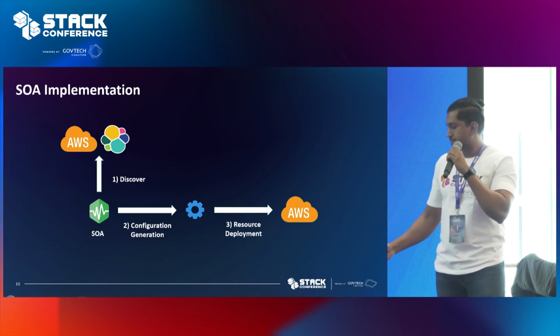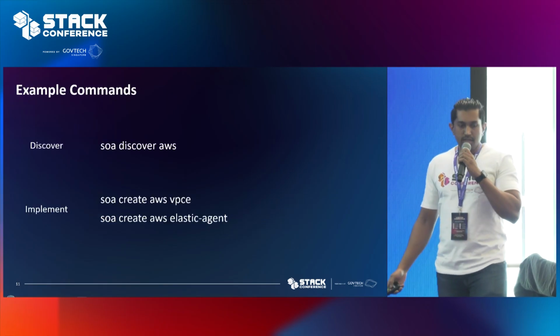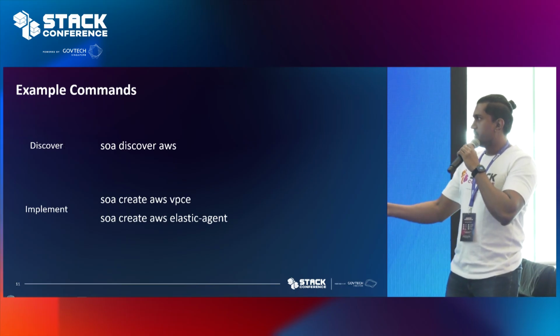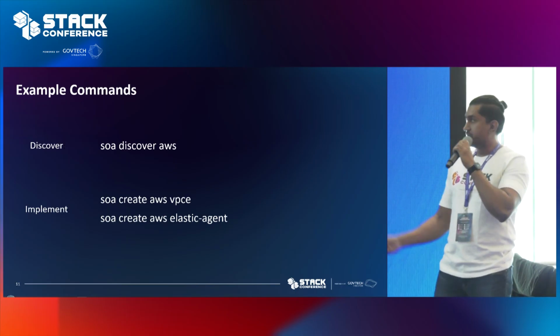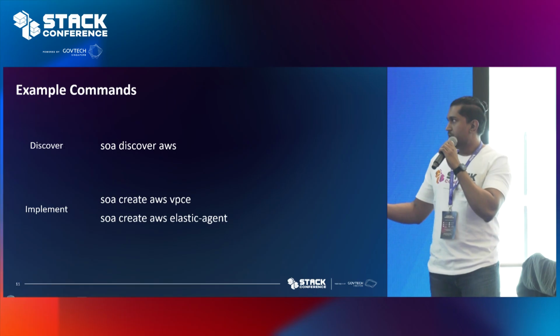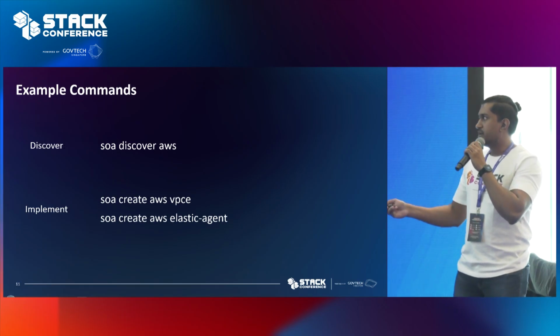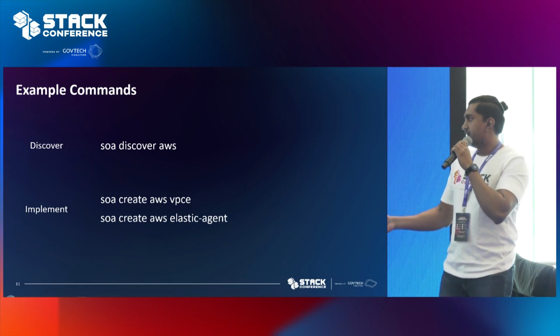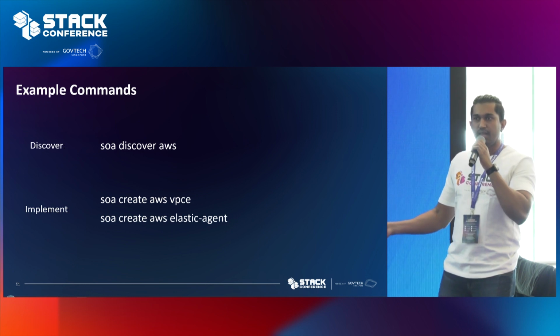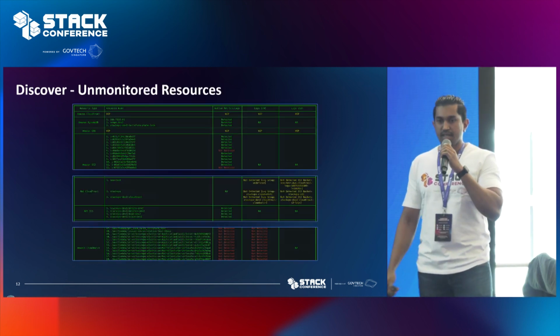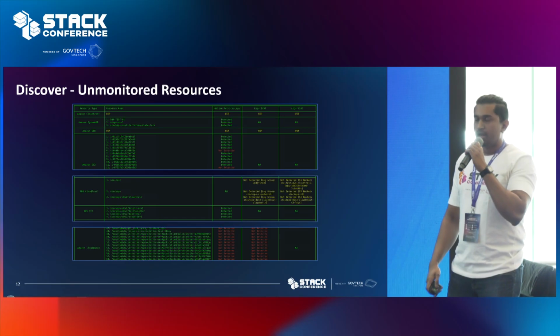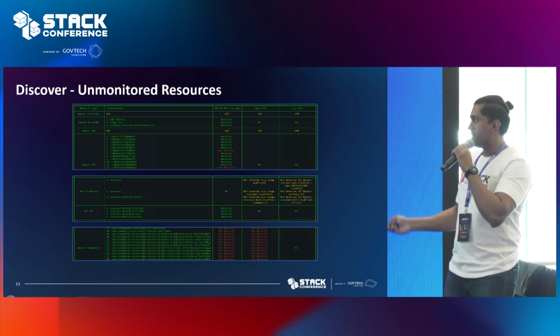It's not shown here. Okay, it's a command line tool, and we have three simple commands shown here. To discover all the AWS resources, we can run this command. To create either the VPC endpoint or the Elastic agent, we can run this command. Once you run the discover command, it will generate a table pretty similar to this one.